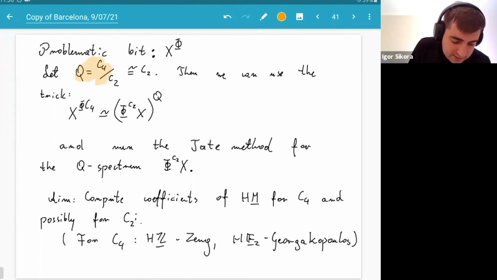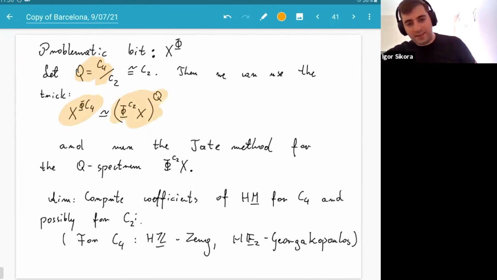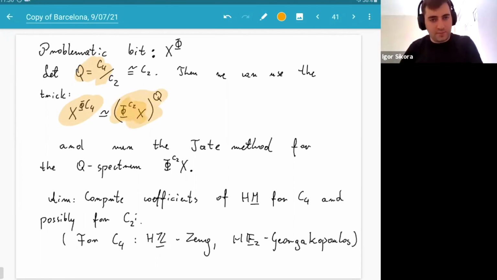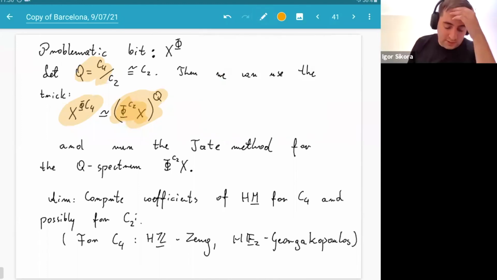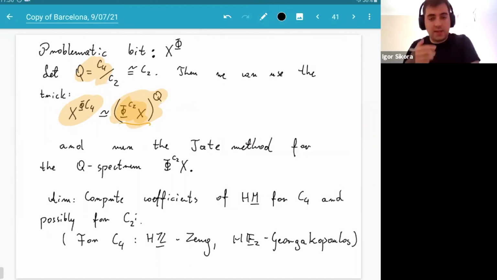Then you can use the fact that categorical fixed points, the C4 fixed points of the singular spectrum, are actually the Q fixed points of the C2 geometric fixed points of X. So now, rather than computing C4 coefficients of some spectrum, we just need to compute C2 coefficients of this spectrum over here. And for this, we can run again the Tate diagram.